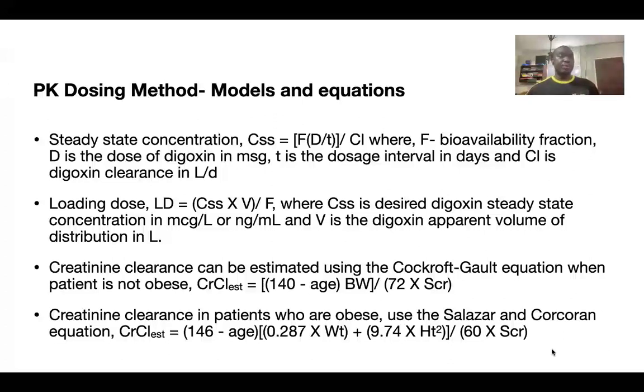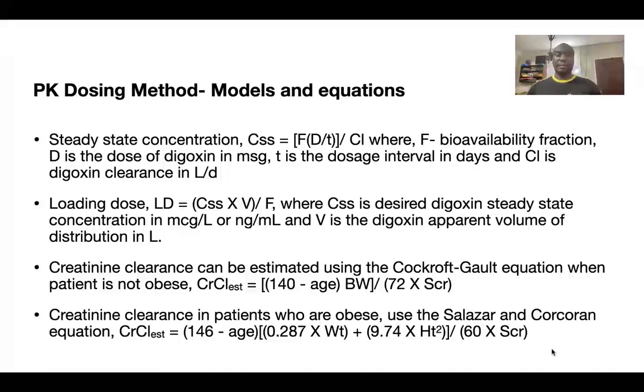In terms of steady state concentration, we can calculate CSS, the steady state concentration, which is equal to the bioavailability multiplied by the dose per day, all of that divided by the clearance per day. That gives you the concentration at steady state.